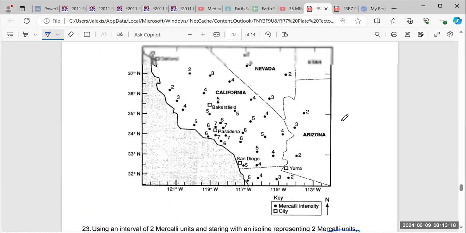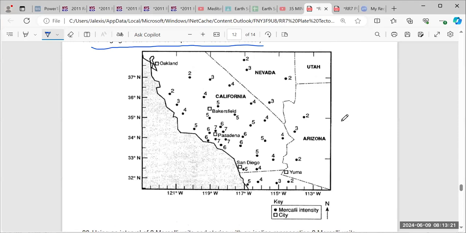Remember, isolines are either closed loops or they extend to the edge of the map. So I see 2 right here, and I'm going to make sure that it connects to the dots. And that's my 2, and I have to extend the line.